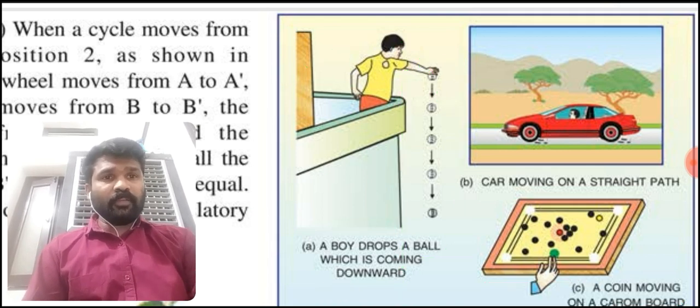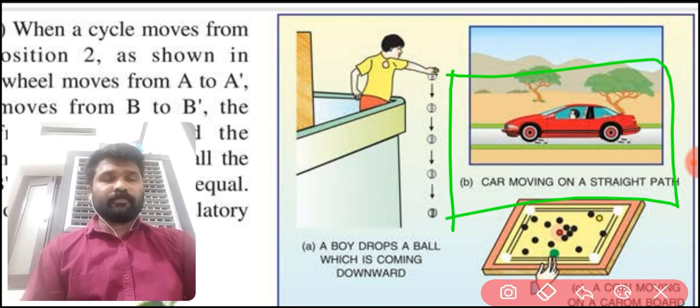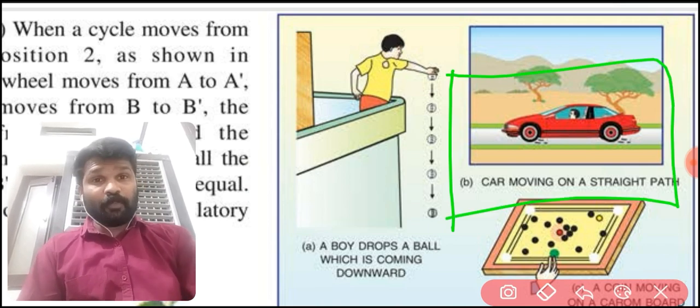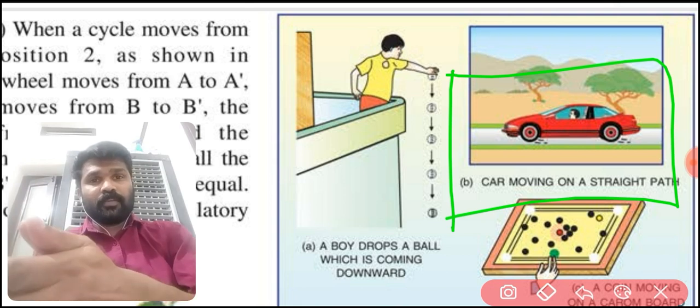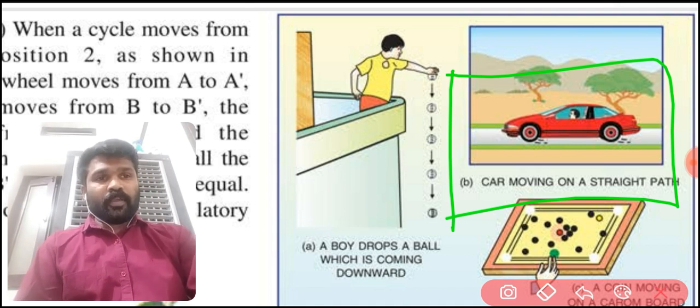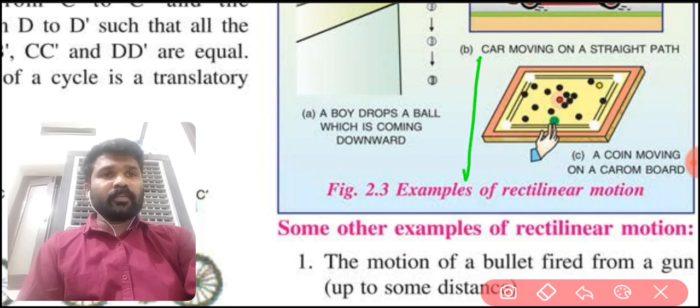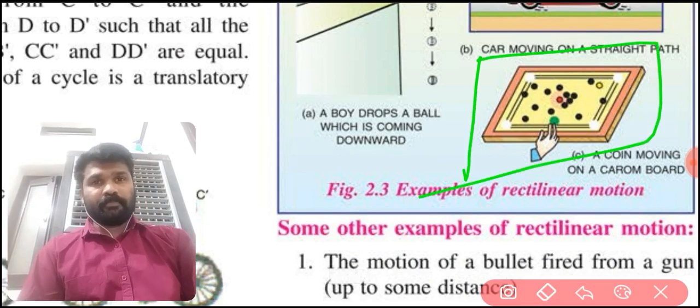Second one, a car moving on a straight path, so it is a linear motion or rectilinear motion. Now, another one, the movement of a coin on a carom board while we play carom. That is also a good example of a rectilinear motion or linear motion.